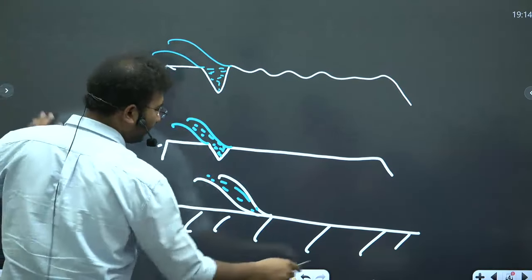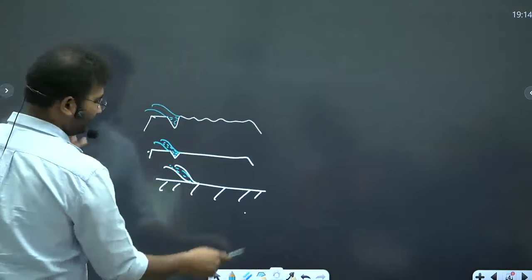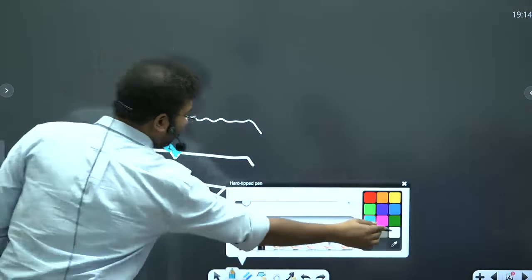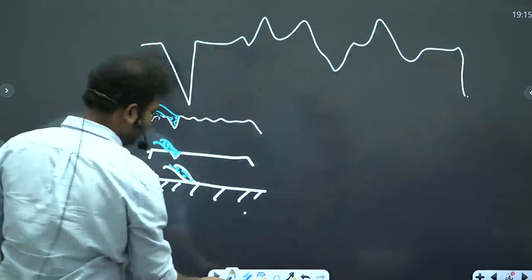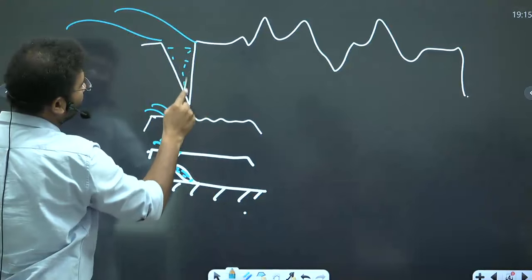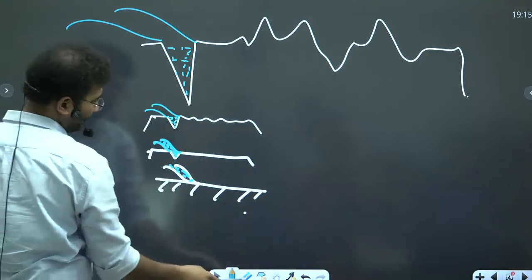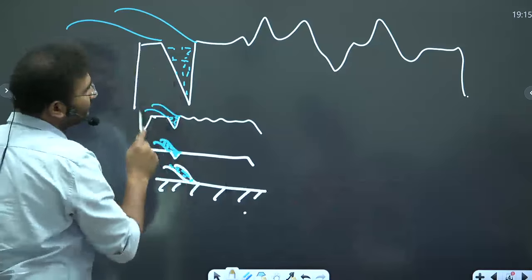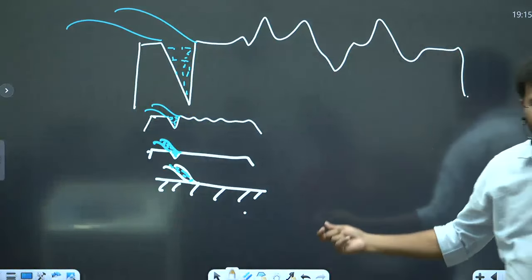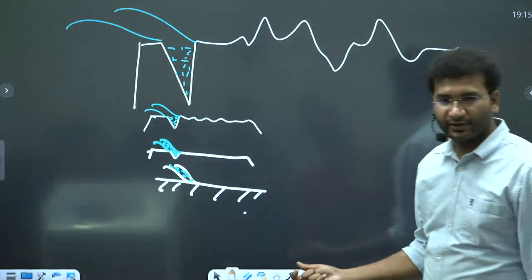Now there shall be a point of time when, this is a river. I hope you understand what I have drawn. That means the depth of the river keeps on increasing as soon as the height of the landmass increases.